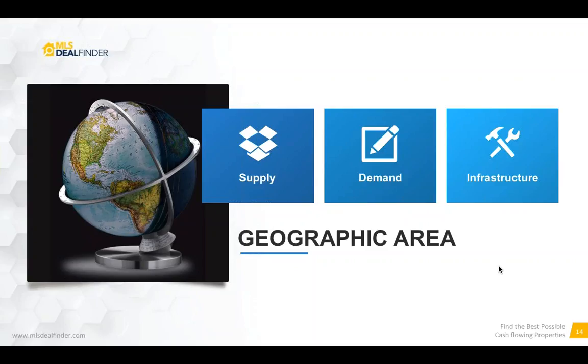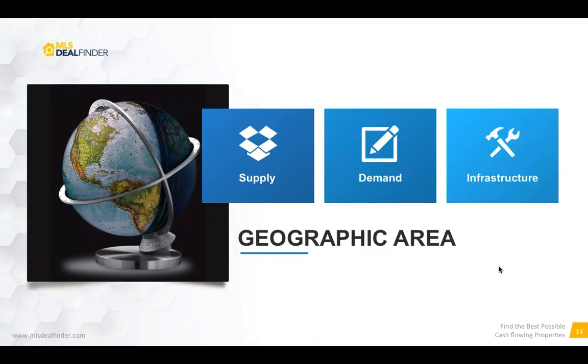It also depends on the infrastructure of the area. If there's a lot of development in the area already, and it's a very highly desirable area, then the pricing of the houses is going to be higher, and you're not going to be able to get a very high rental index.